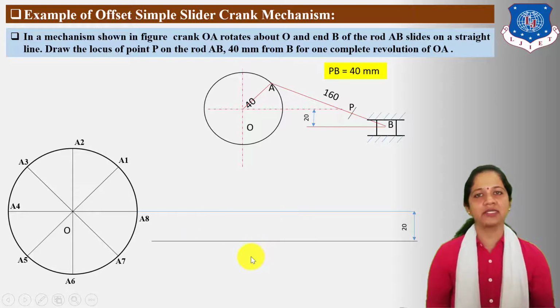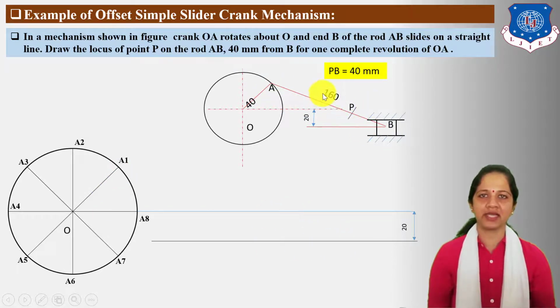Now here same drawing step we have to apply as per previous sum. For different position of crank we need to find here the position of slider on this offset path. The length of connecting rod is given 160 mm, which connects crank and slider.